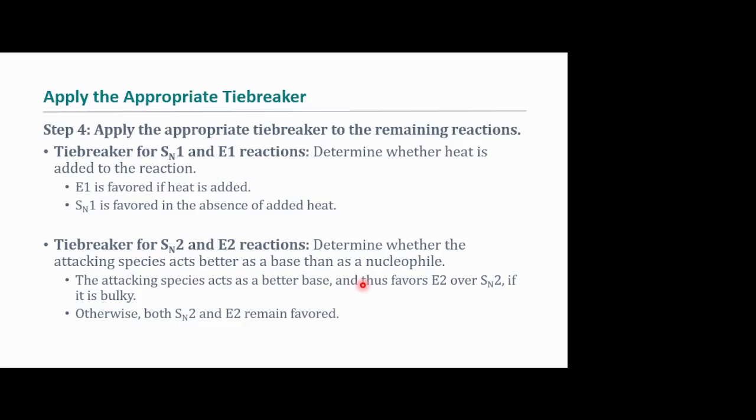Tiebreakers for an SN1-E1 reaction are going to be determining whether heat is added to the reaction. E1 is going to be favored if heat is added. SN1 is favored in the absence of heat, and that's because of this right here. Okay. And so again, remember, we're looking at minutia now. More than 90% of answers you would have already come up with. If you haven't come up with an answer before you get to a tiebreaker, I'd actually recommend going back through this process and double checking that you didn't make a mistake.